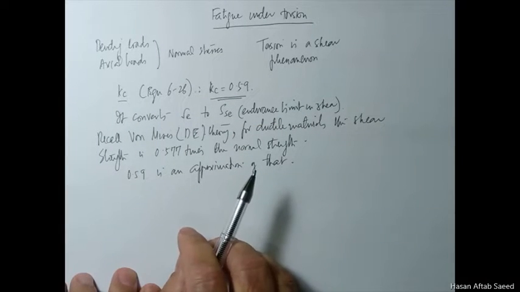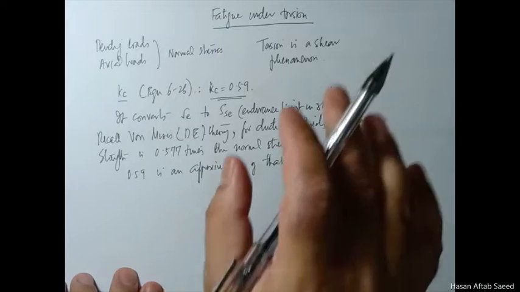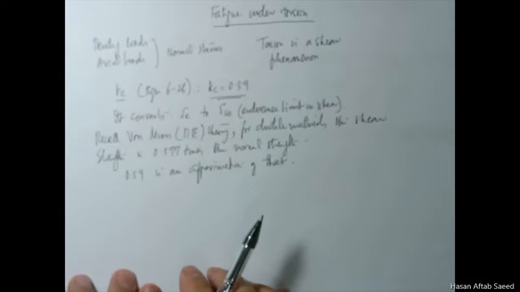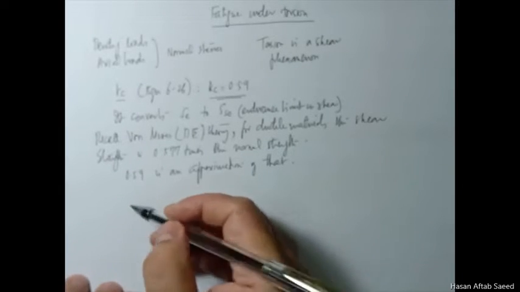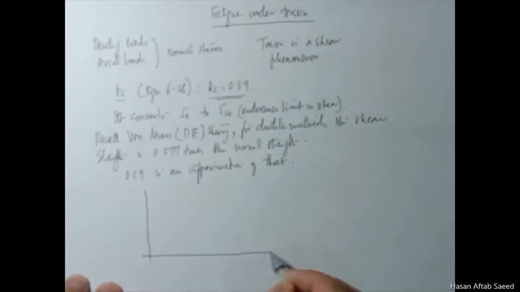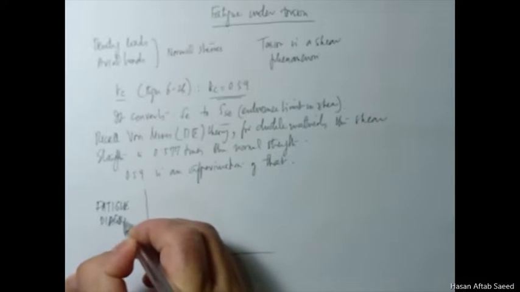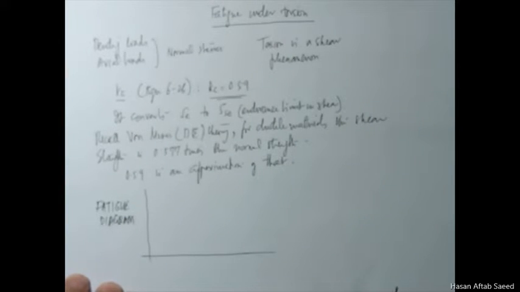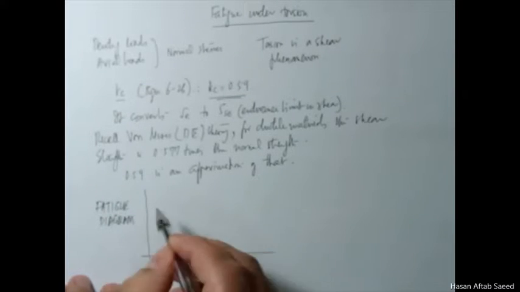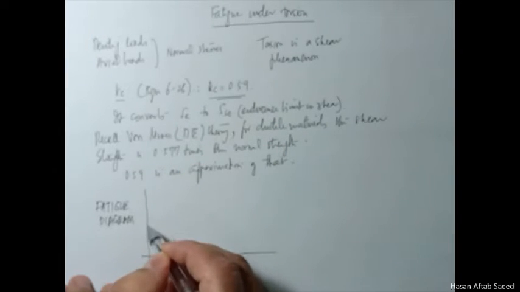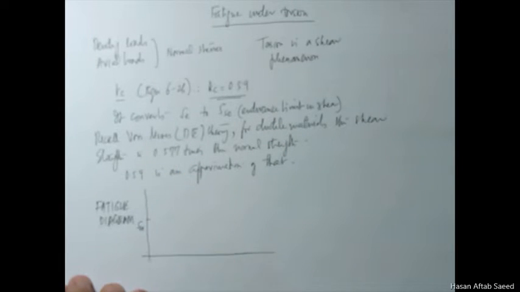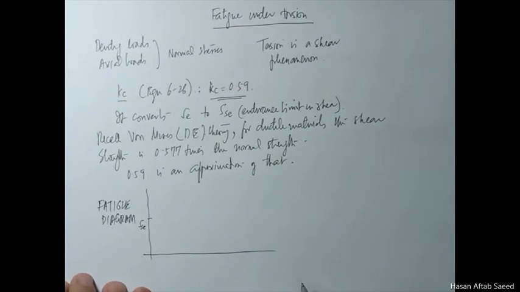But there are some more adaptations too that are needed before we can apply this theory to torsion problems. And for that, we have to consider the fatigue diagram. Very familiar by now. It has the same shape as it had for bending and axial problems, only here now this value SSE gets plotted, not SE, because we're talking about shear now, so normal stresses are irrelevant here.